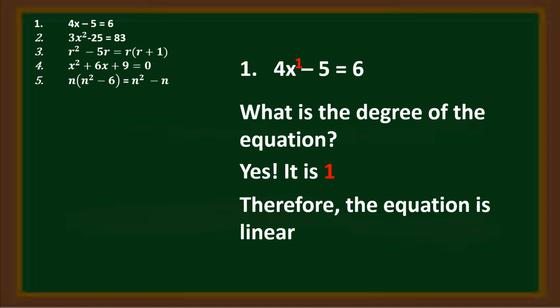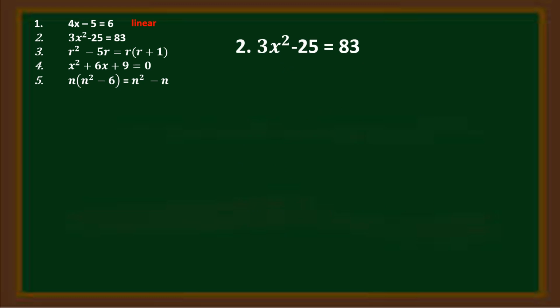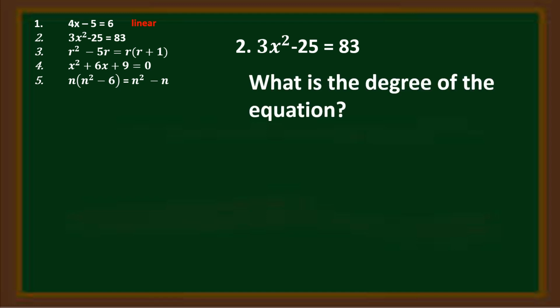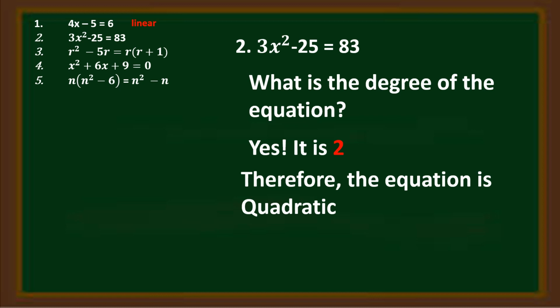Therefore, the equation is linear. Next, we have 3x squared minus 25 is equal to 83. What is the degree of the equation? Yes, it is 2. Therefore, the equation is quadratic.